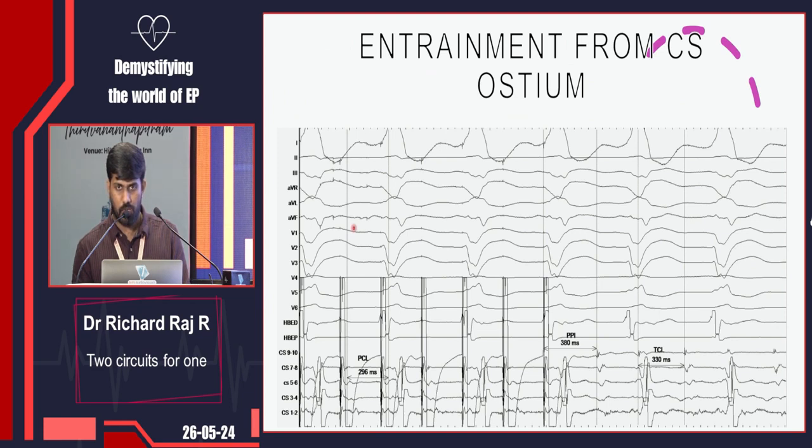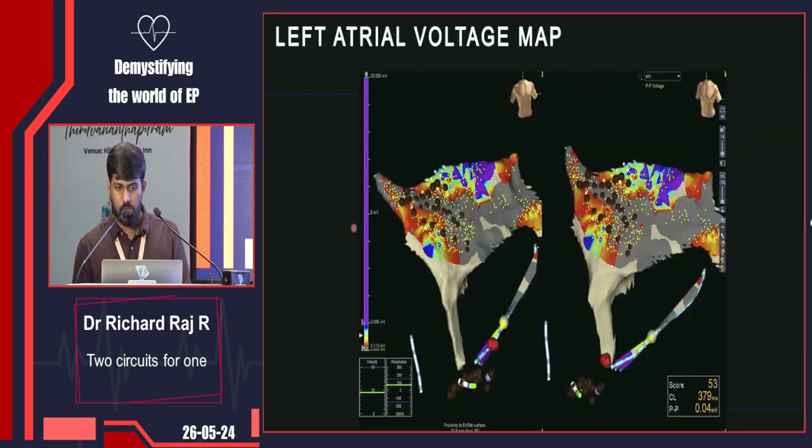So we did an entrainment from the CS ostium, which showed a post-pacing interval of 380, which was much longer than the tachycardia cycle length, excluding it from being part of the circuit. So we went ahead with the voltage mapping. Voltage mapping showed a low voltage region, the connection between the right upper pulmonary vein and the mitral valve annulus. This is a region known as the Waterston groove, which is the incision where the surgeons make to access the LA.